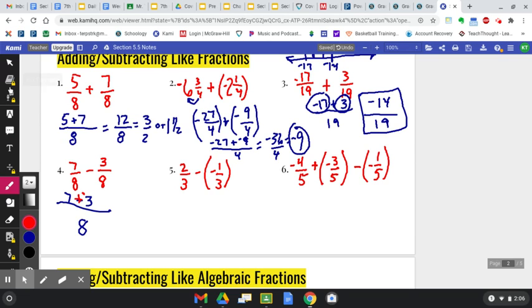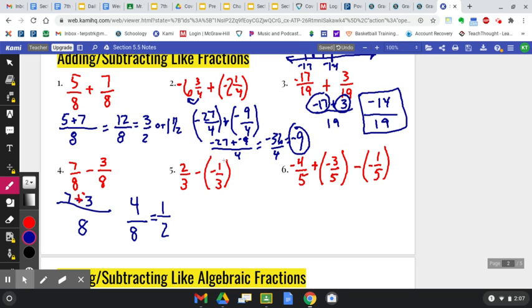So now I can use my integer rules, which says a 7 positive and -3 are opposites, subtract. So 7 minus 3 is 4. 7 is bigger, so I leave that there. 4 over 8, should know that reduces to 1 over 2.